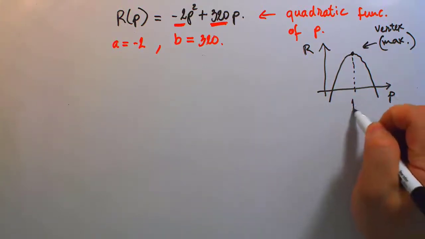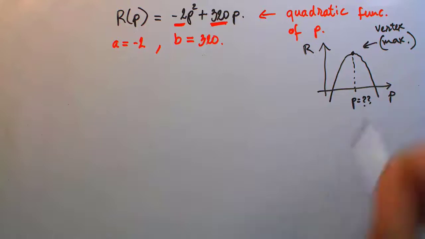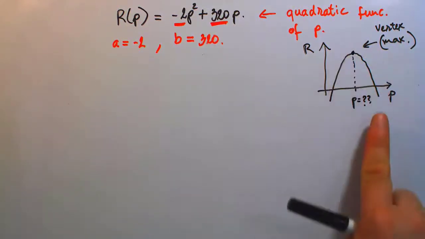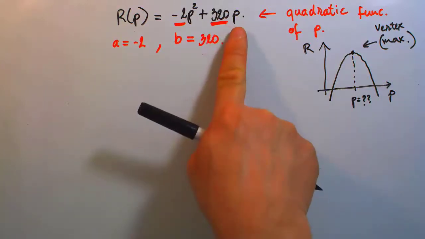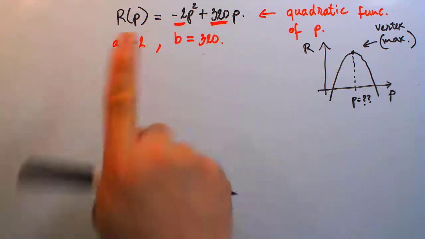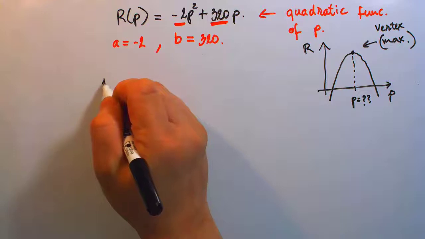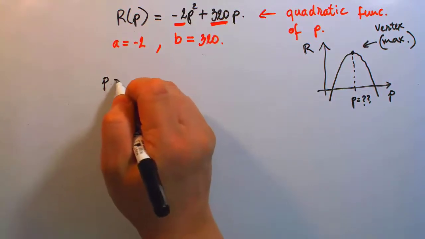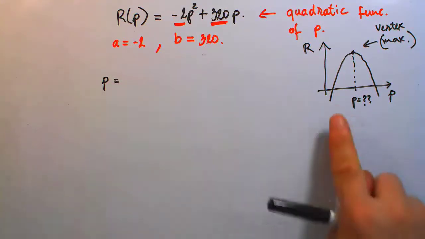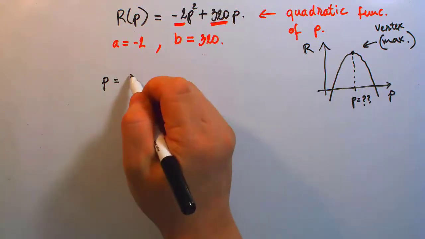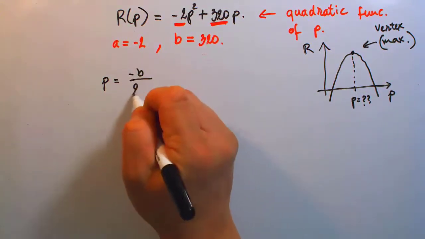So first thing, we're finding out how big p is. Immediately realizing that our function is a quadratic function, finding that price value that gives the vertex is simply minus b over 2a.